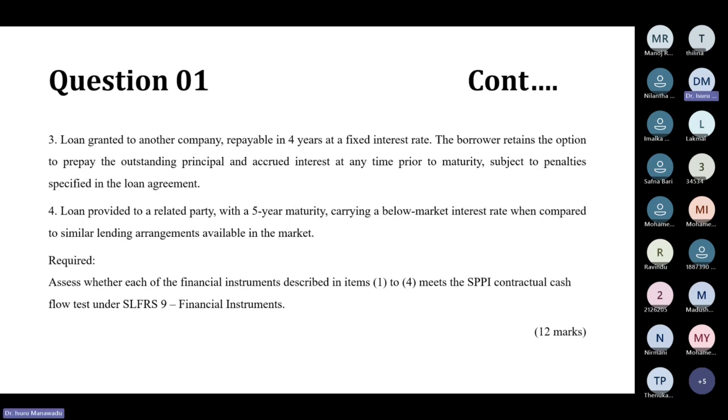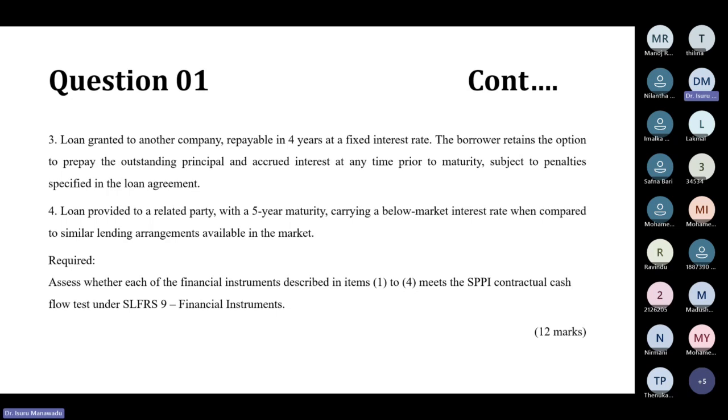Even though we provide such loans, we need to account at fair value. Right? But here we need to say whether there is interest and capital outstanding, whether that test is passed or not. That's what we need to say. Okay? Right. Now we'll see the answers.